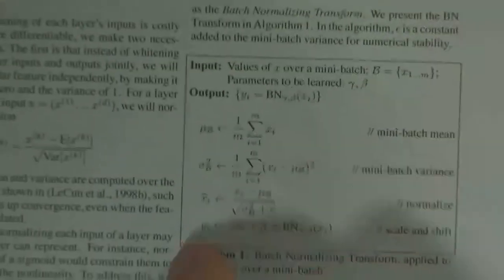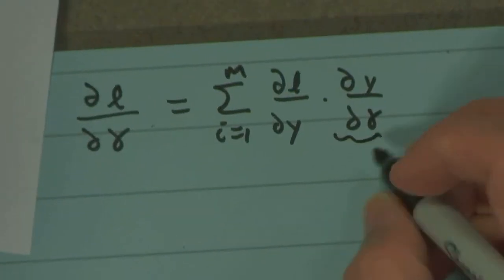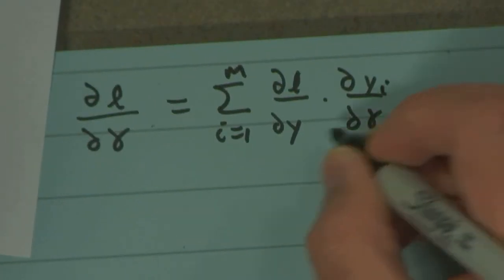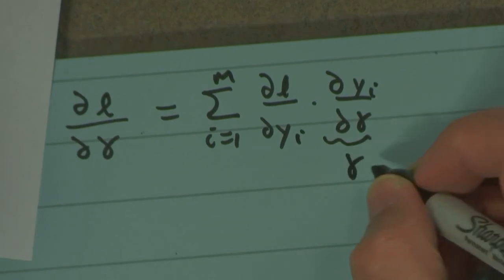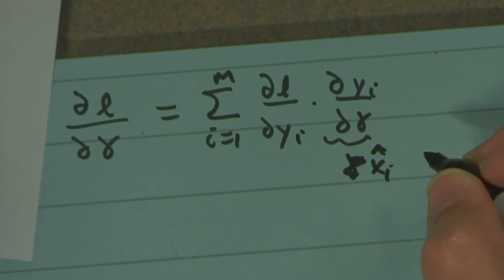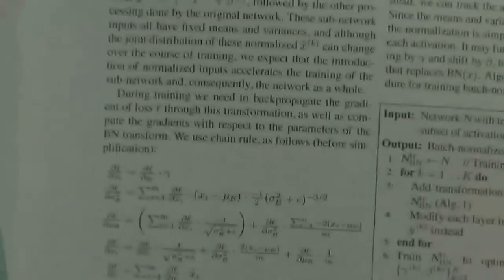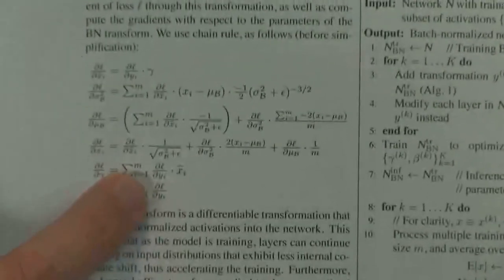And the derivative of y with respect to gamma is just x hat. So this gets replaced with x i hat. So that's what that partial derivative with respect to this ends up being. So that's what you get here.